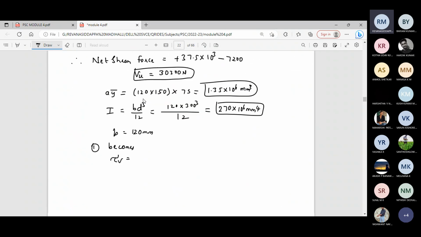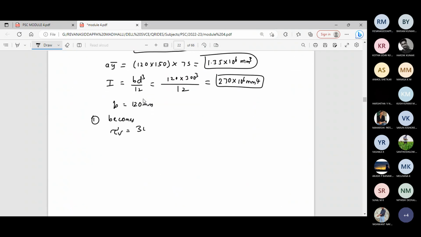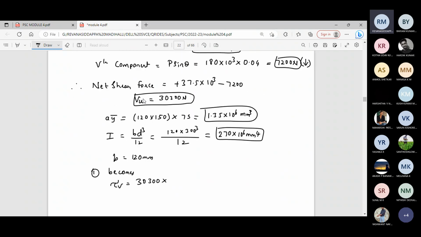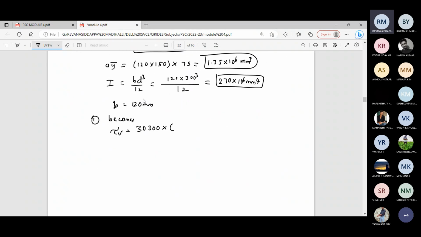VU is 30,300 Newton, AY bar value is 1.35 into 10 power 6, divided by 270 into 10 power 6 into 120 mm. The shear stress value after substituting all the values is 1.2625 Newton per mm square.